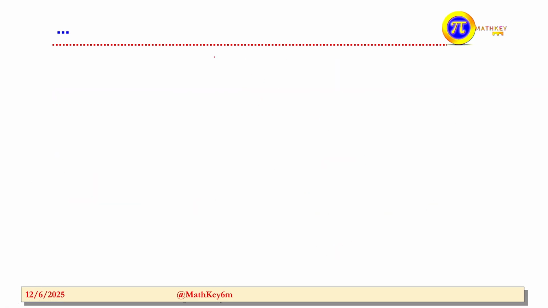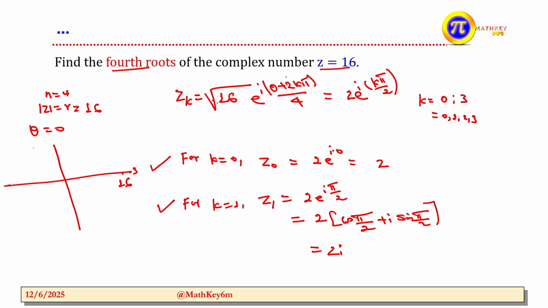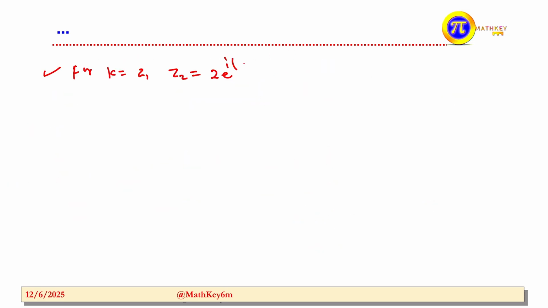Next, for k equals 2, z2 equals 2 times e to the power of i times 2π over 2, which is iπ, equals 2 times (cos π plus i sin π). Cos π is negative 1 and sin π is 0, so it becomes negative 2.